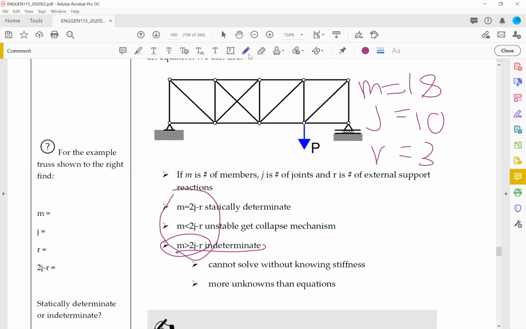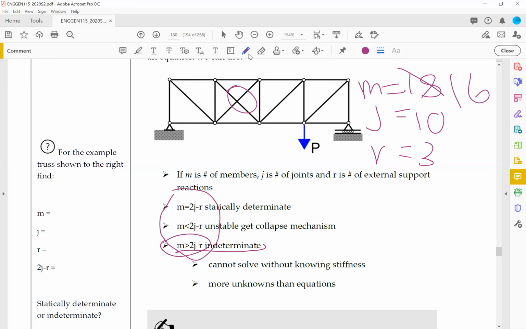In our unstable case, remember when these two weren't there and we had a square right there that was unstable, M would equal 16, right? So that means 2J minus R would be 17, but M would be 16.